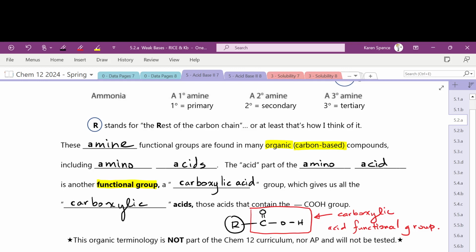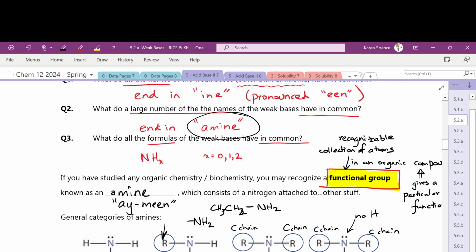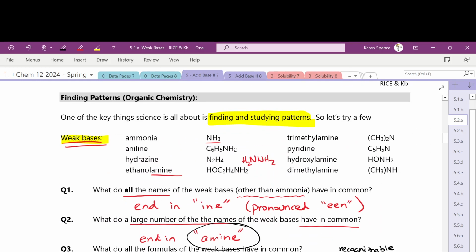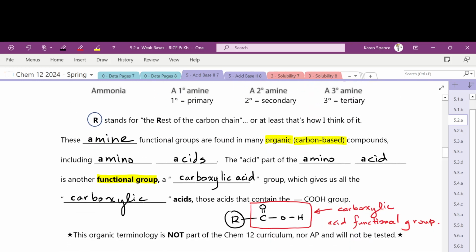However, will it be useful if you go and take organic chemistry to have seen some of this before? Yes. The entire page, this page not tested.